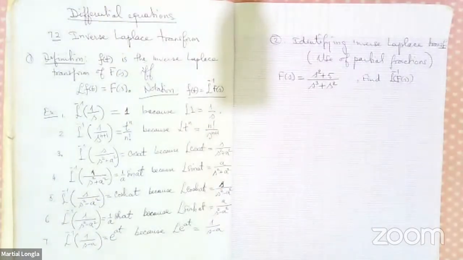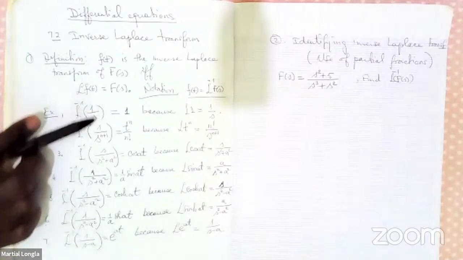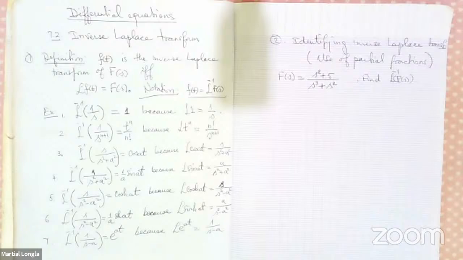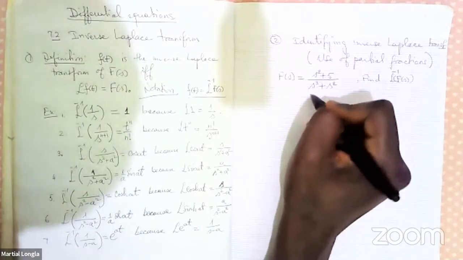How do you do that? So you look at this and you say, okay, I want to find the partial fractions that will allow me to write this thing as a sum of functions that look like these functions that I have on the left here. To do so, you have to factor out that denominator.